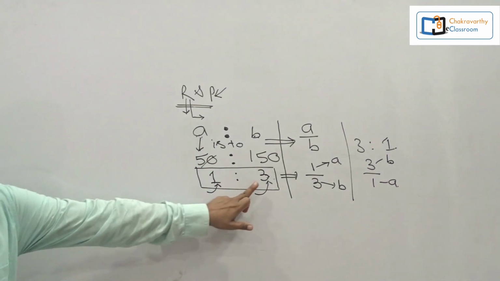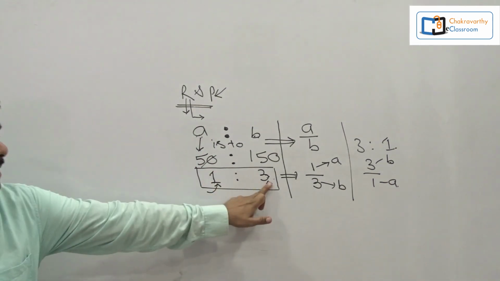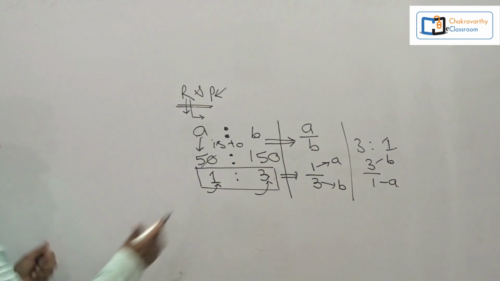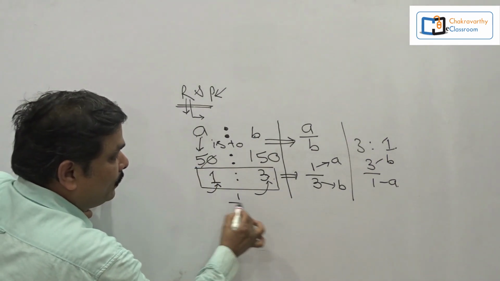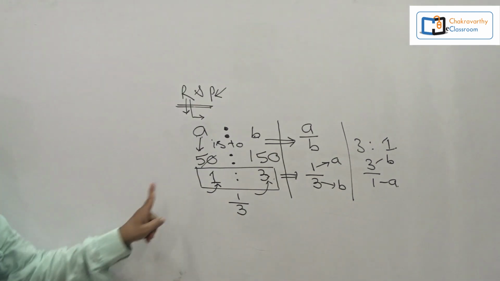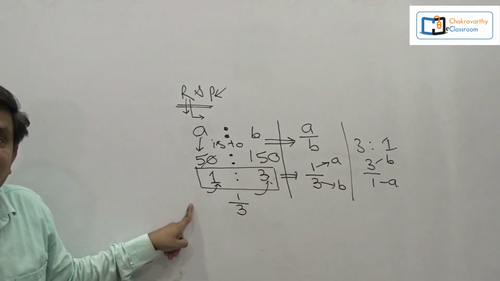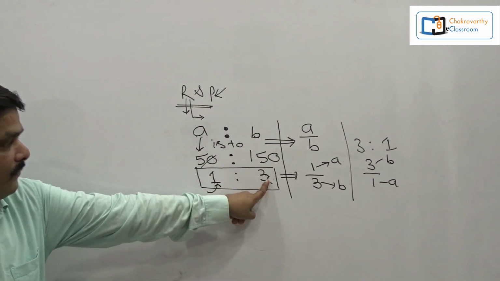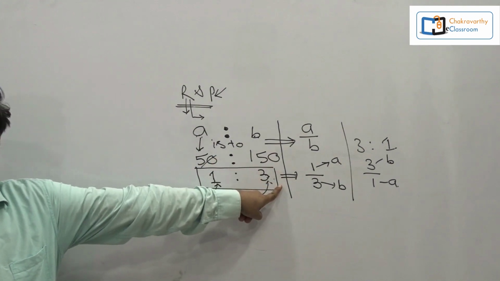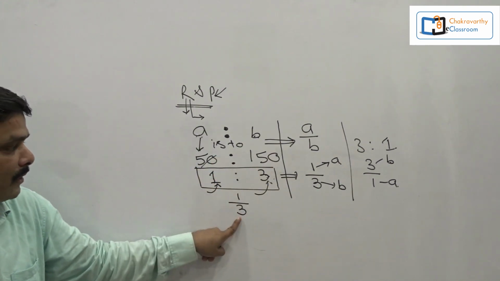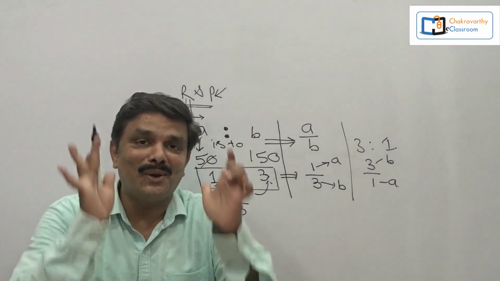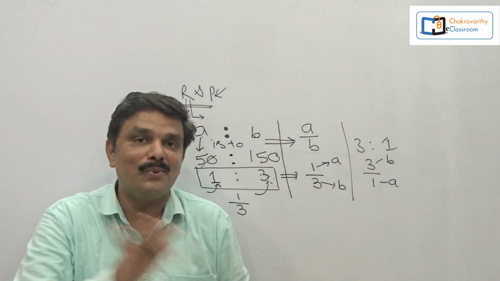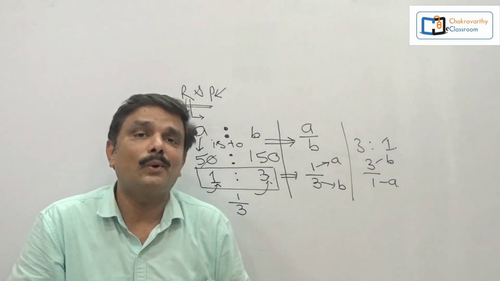B should have 3 times more money than A. At any point of time, if you take from A side, A should have 1/3 of what B is having. Now you got the idea? B should have 3 times than A. A should be having 1/3 of what B is having. That is the very meaning of ratio. I hope you understood the basic concept.